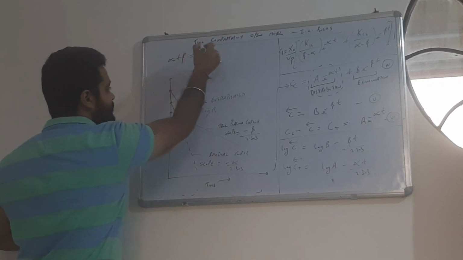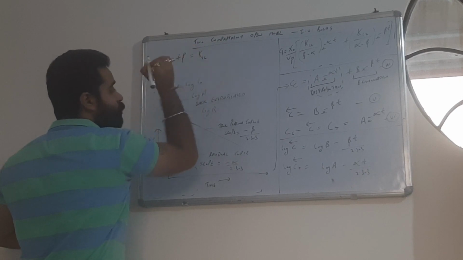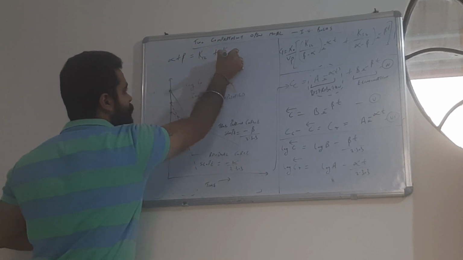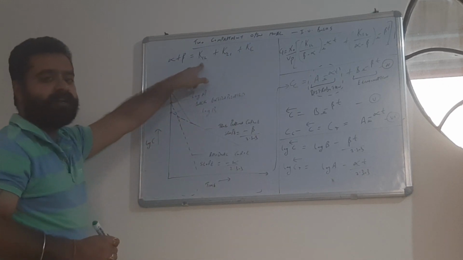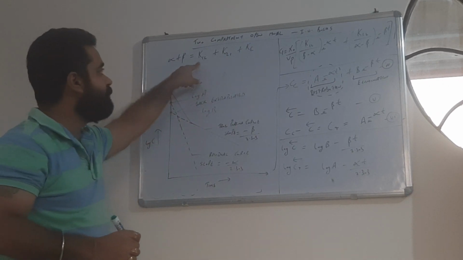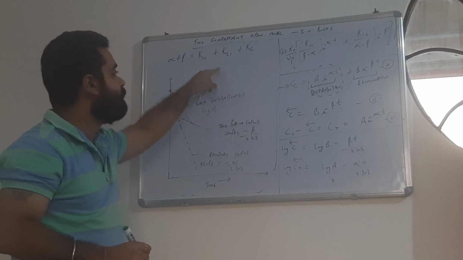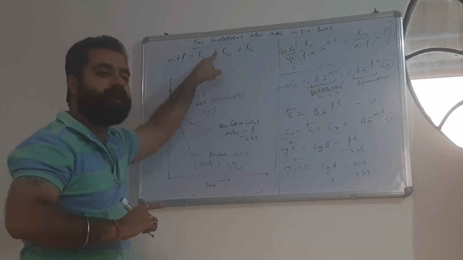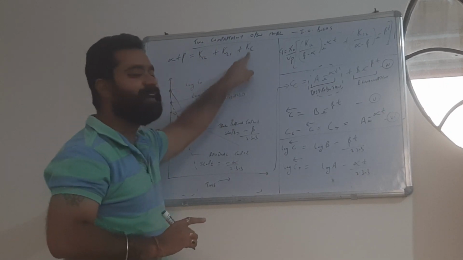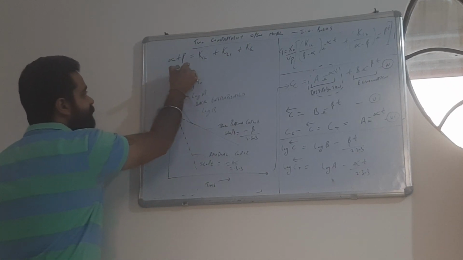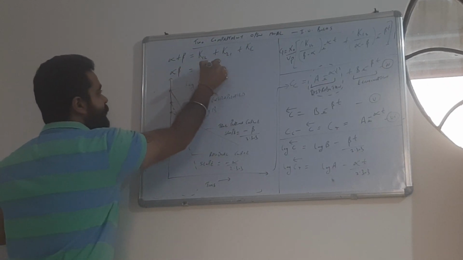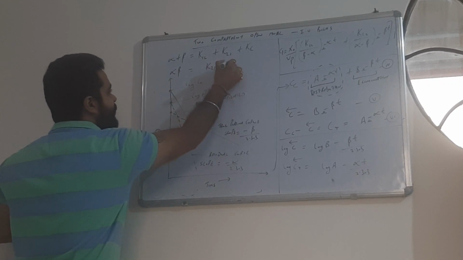So alpha plus beta becomes K12 plus K21 plus Ke. What is K12? The rate constant when the drug moves from compartment 1 to 2. K21 when the drug moves from compartment 2 to 1, and Ke representing elimination. Similarly, the product of alpha and beta is K21 into Ke.